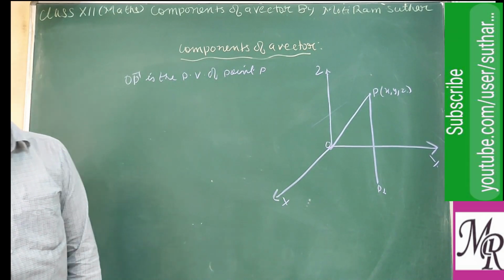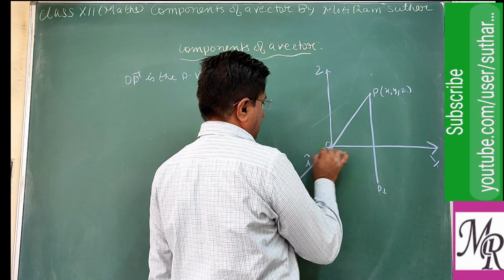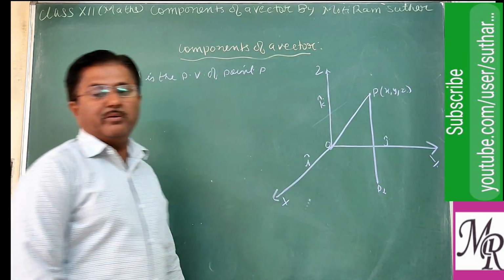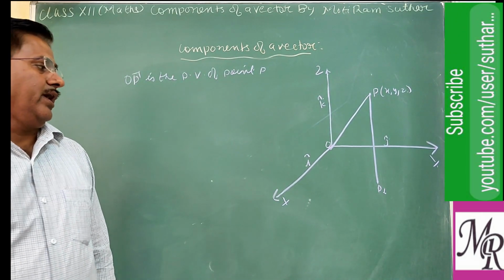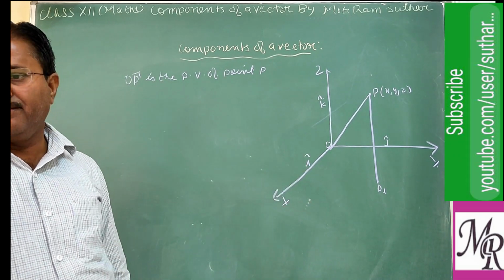As you know, i, j, k represent the unit vectors along the axes. It only gives the direction.